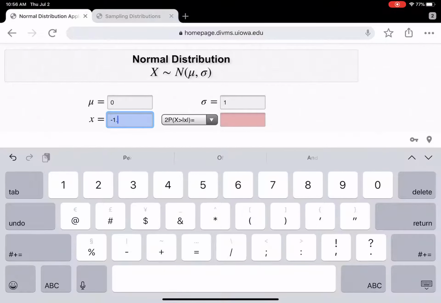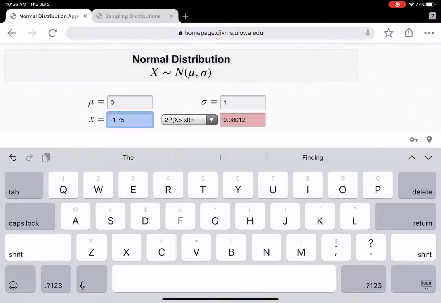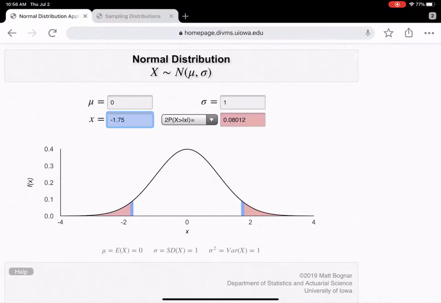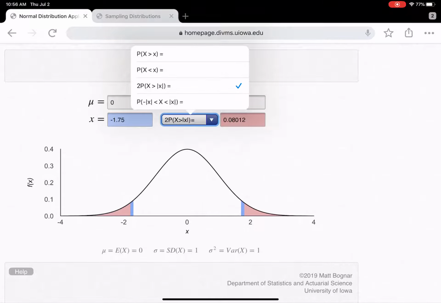Negative 1.75. Just remember that since this question was a two-tailed question, there's no directionality to it. This is how you want the plot to look. The trick here is that the two tails has a 2 in front of it in this little drop-down menu.